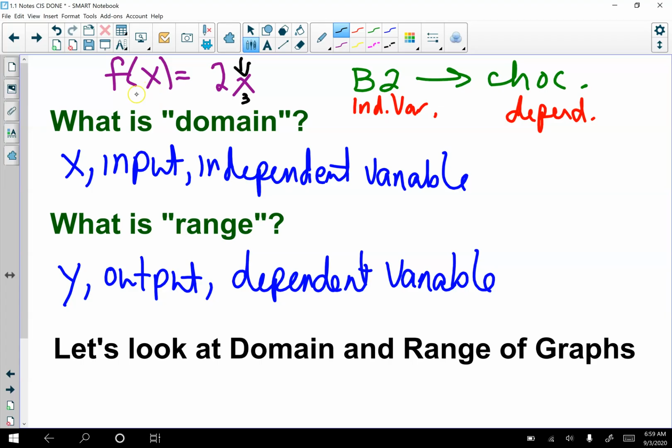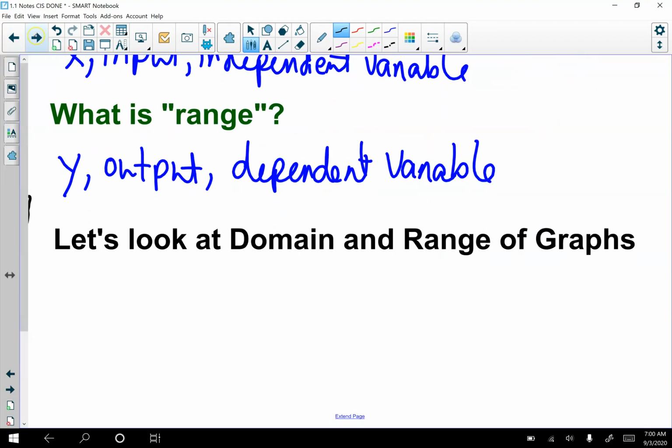And my output, my f of x, which ends up to be 6, depends on, that's my output. So I'm inputting a 3 and I'm getting out a 6. So my input, my x is my independent variable, and my output depends on my input. Let's take a look at some domain and ranges on graphs next.